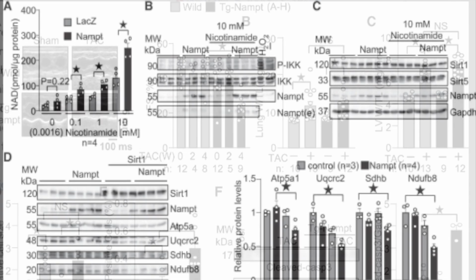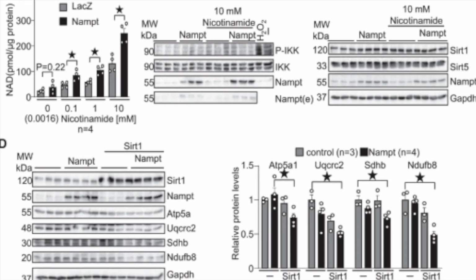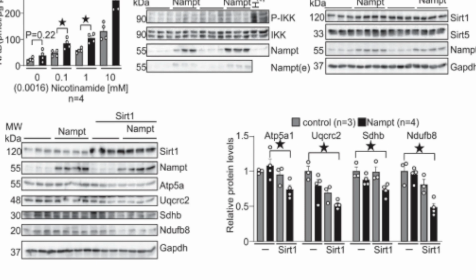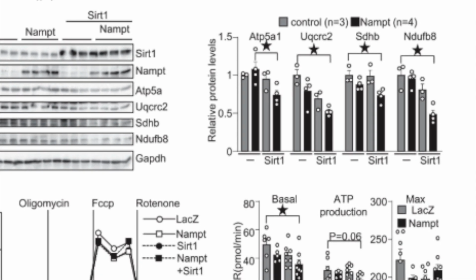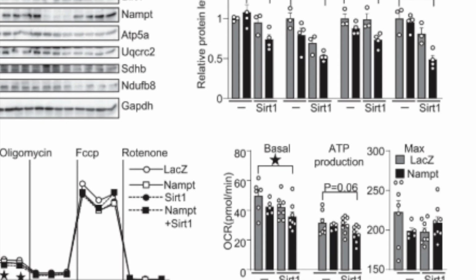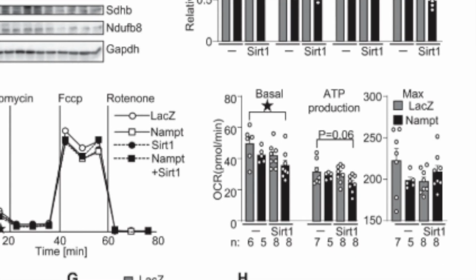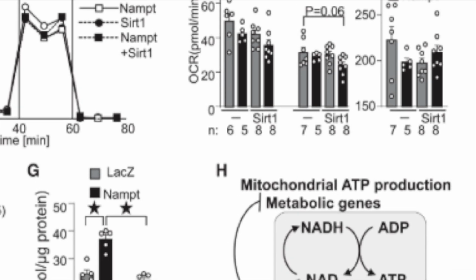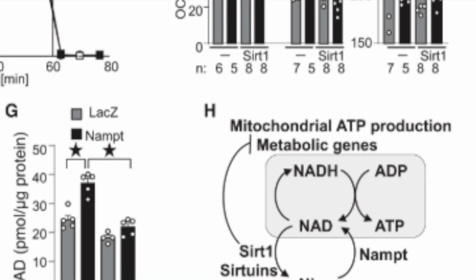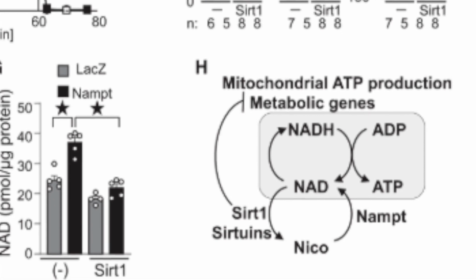Thus, endogenous NAMPT maintains cardiac-specific and metabolism function in failing hearts, whereas NAMPT overexpression is detrimental during pressure overload, possibly due to excessive activation of SIRT1, suppression of mitochondrial function, and upregulation of pro-inflammatory mechanisms.